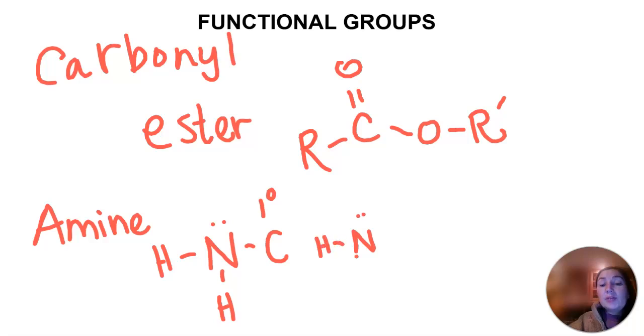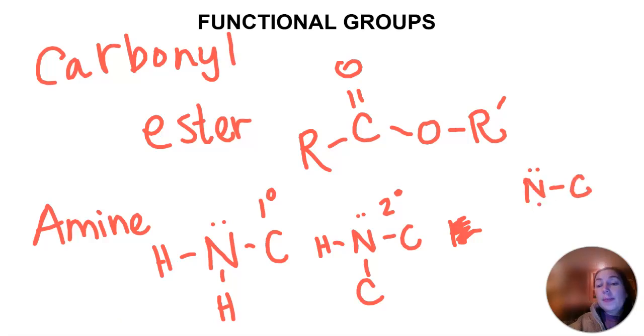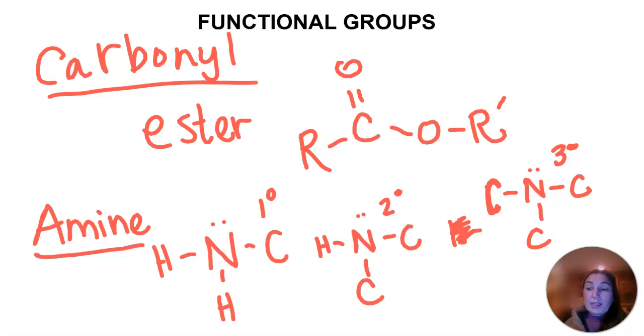It can be bonded to a hydrogen and two carbons, and we can call it secondary, or it can be bonded, oops, I wanted to bond it instead to all carbons. So I'll just do that here. And if it's bonded to all carbons, it's called tertiary, or a third degree amine. So that's just a quick overview or recap of some key important functional groups.